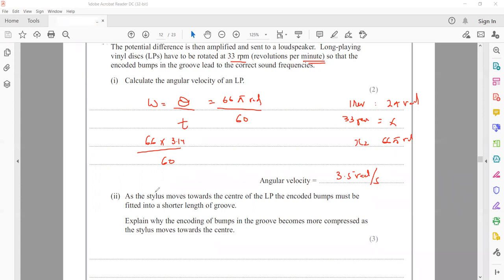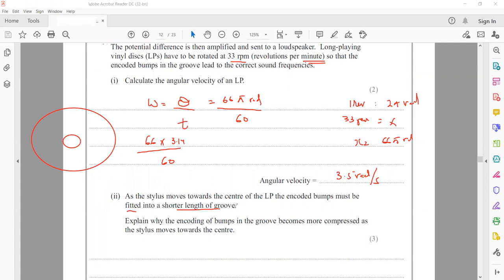Then, as the stylus moves toward the center of the LP, the encoded bumps must be fitted into a shorter length. This is a vinyl disc. Not common now, these vinyl discs, but they used to be used to play music.